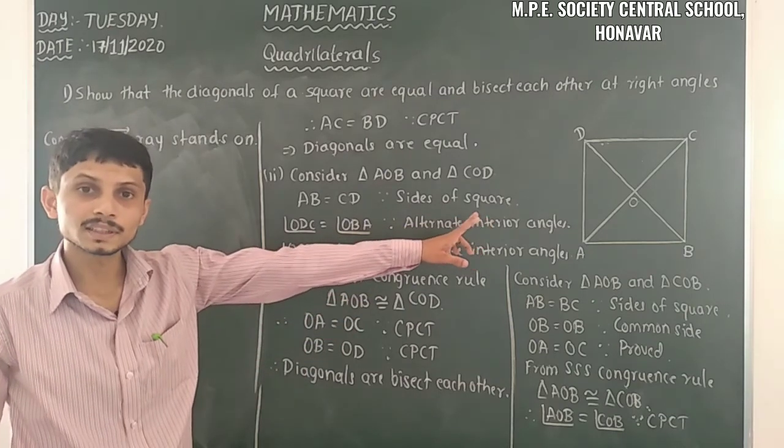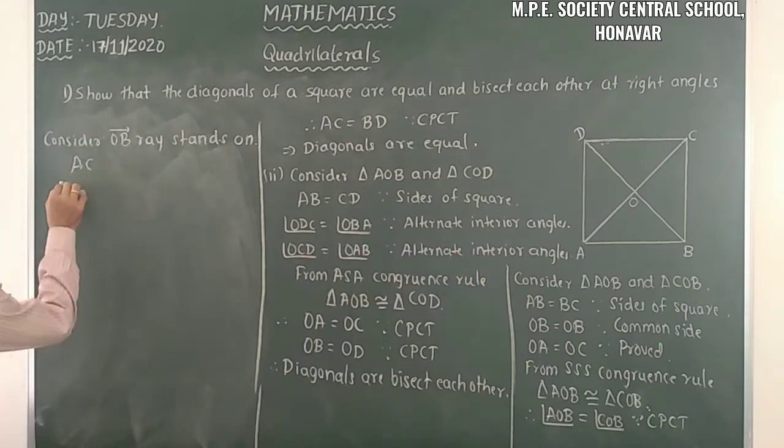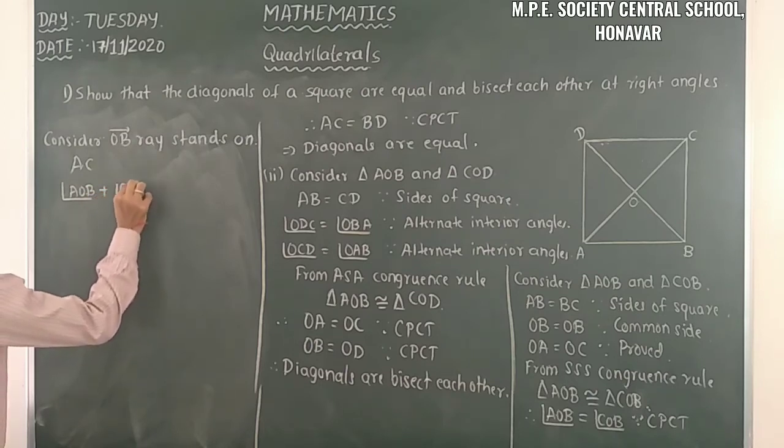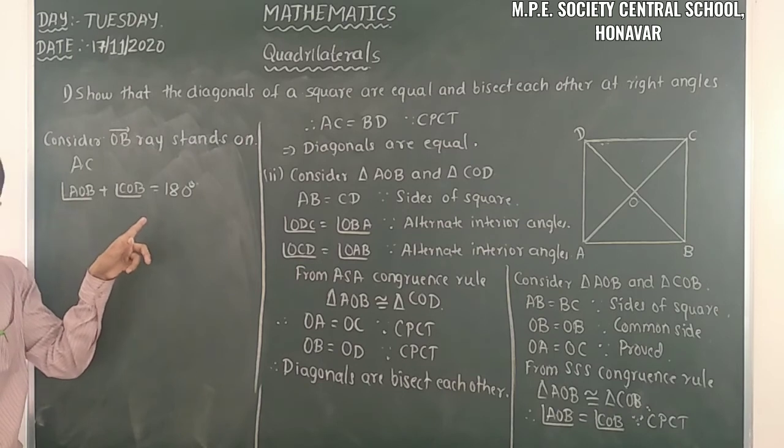Then the sum of adjacent angles is supplementary, that is, angle AOB plus angle COB is equal to 180 degrees. Already we have angle AOB equal to angle COB.